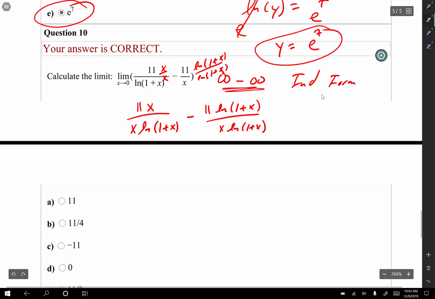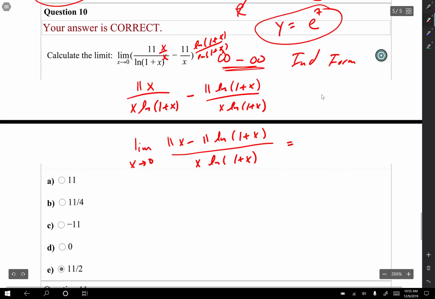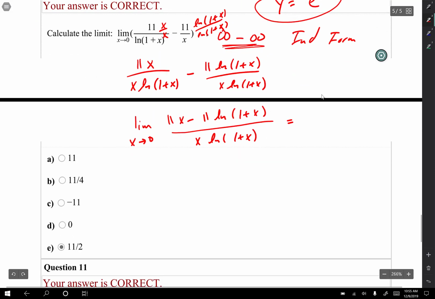When I combine these, we have limit as x approaches 0 of 11x minus 11 ln of 1 plus x all over x ln of 1 plus x. Now notice, if I plug in a 0, I get 0 over 0. So I can still use L'Hopital's rule. So I take a derivative, and the derivative of 11x is 11.